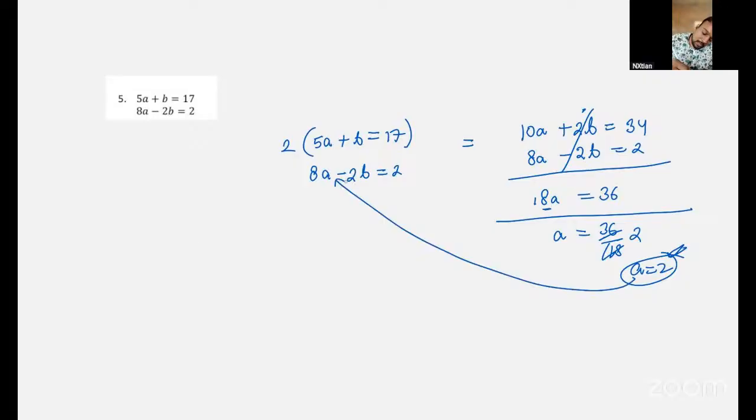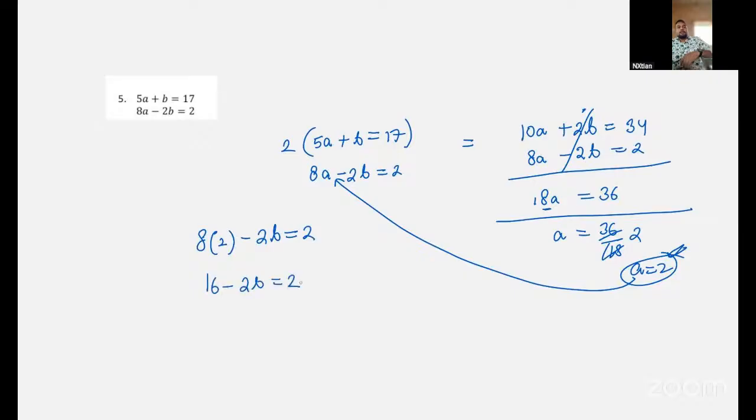So it will become 8 into 2, minus 2B equals 2. It's a minus sign, no? Yes, so that's why I wrote minus. Got it? Yes, sir. So it will become 16 minus 2B equals 2.